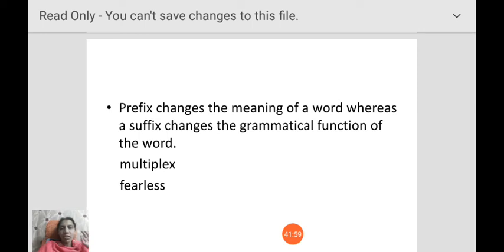Child is a noun. This is very easy for you. He is a child, because it is a person, it is a noun. Childish means being like a child. So being like a child is childish.